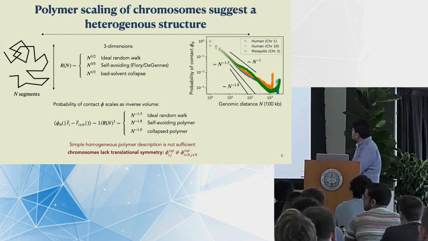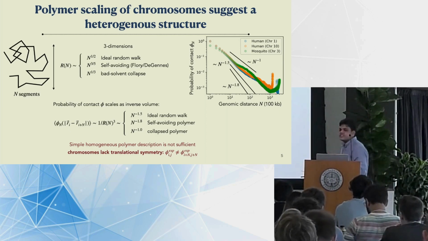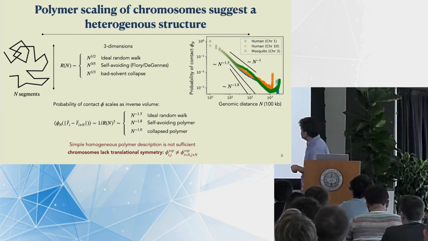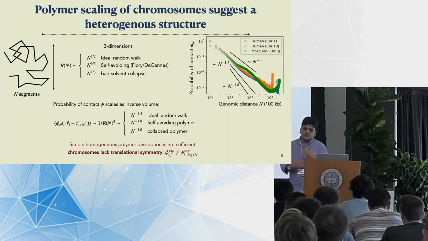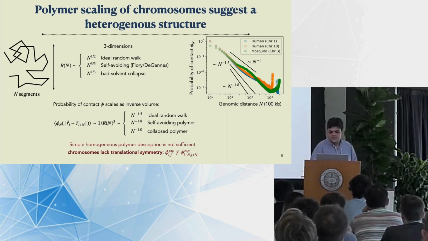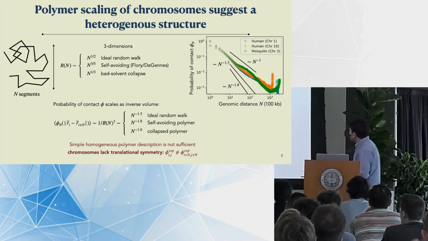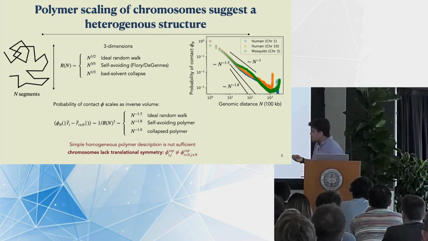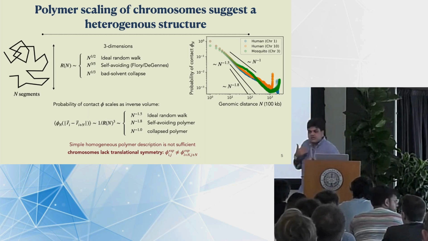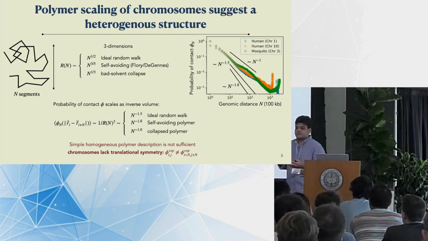But there are certain specific scalings that we expect from different kinds of polymers, like random walks versus those that include self-avoidance. From that, we can make an order of magnitude estimate of the scaling relationship for the probability of contact between two segments that are n monomers away. You can think of that, in terms of a random walk, as the probability that a random walker will come back to the origin after n steps.